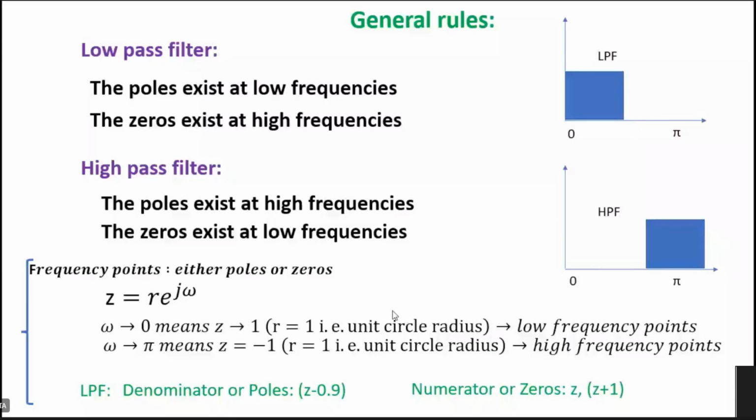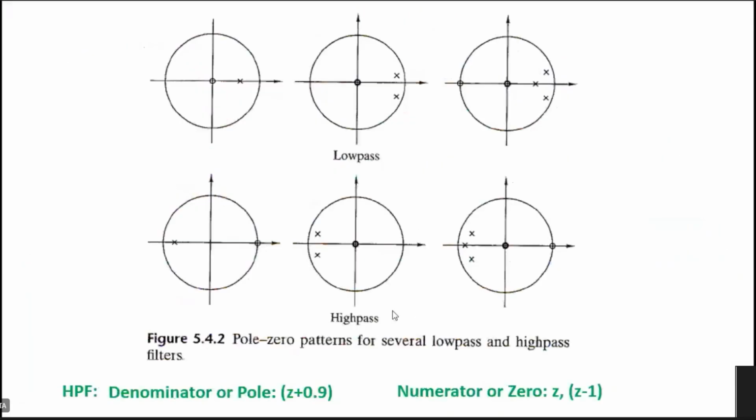We have seen these characteristics: the top three figures represent examples of low pass filters where poles exist in the right half of the Z plane, and zeros are in the left half of the Z plane, because Z is equal to minus 1, omega is equal to pi, in the case of a low pass filter.